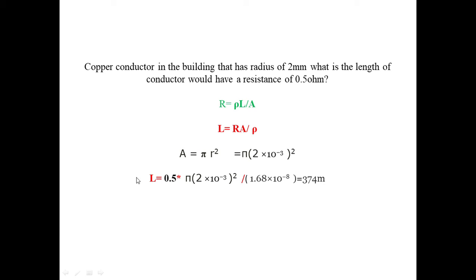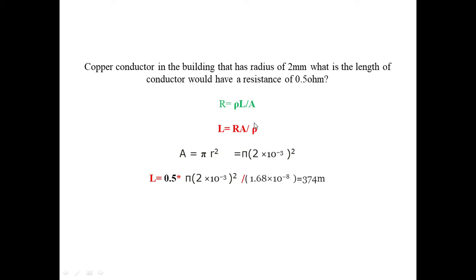So here the cross-sectional area is equal to pi r squared, and L is equal to our resistance 0.5 times the cross-sectional area, pi times 2 times 10 to the minus 3 squared, divided by rho.